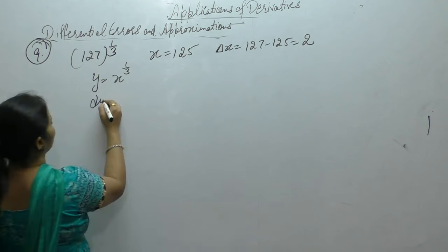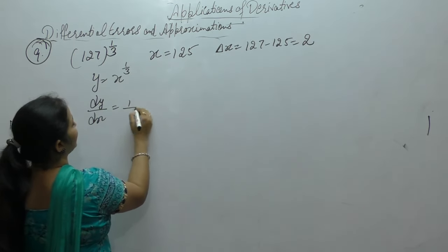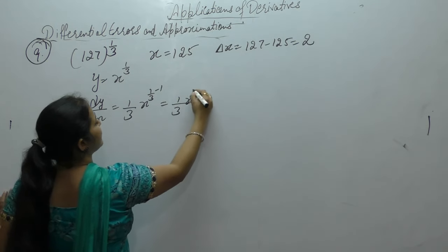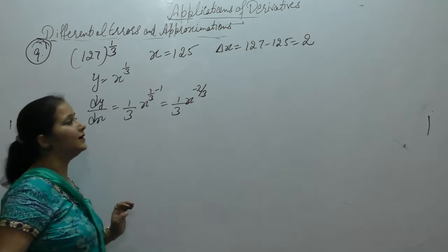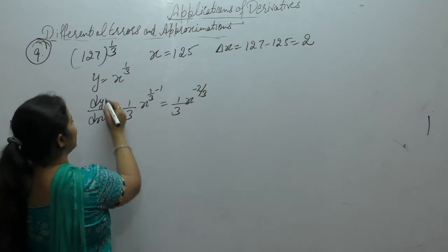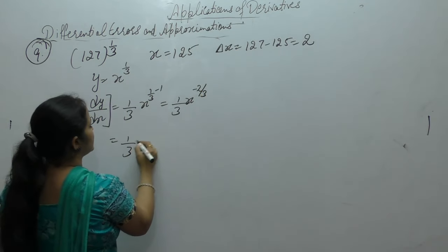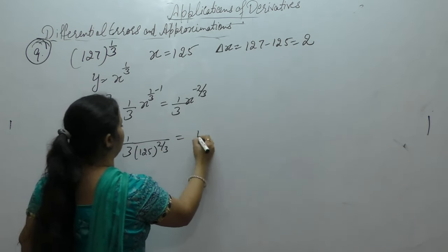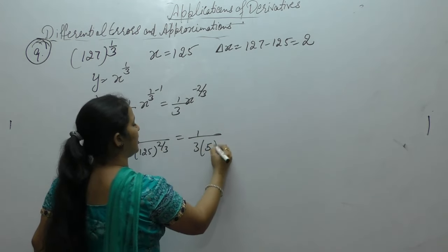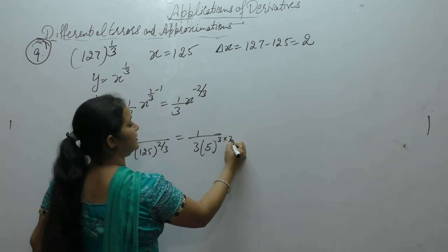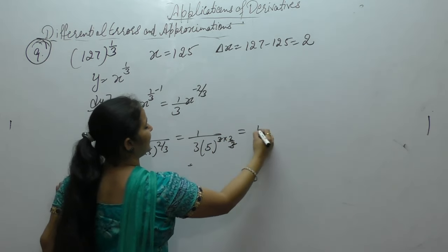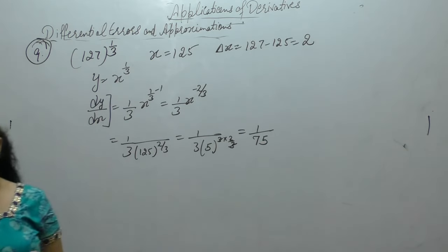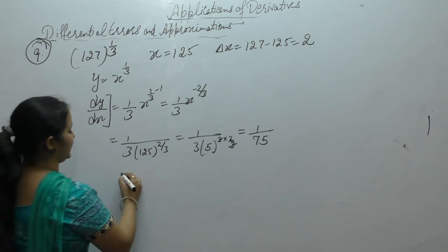Differentiate with respect to x: 1 by 3, x power 1 by 3 minus 1, that is x power minus 2 by 3. Clear? Now x is 125, so 125 power 2 by 3. 125 is the cube of 5, so 5 square is 25, into 3. So we get dy upon dx as 1 upon 75.